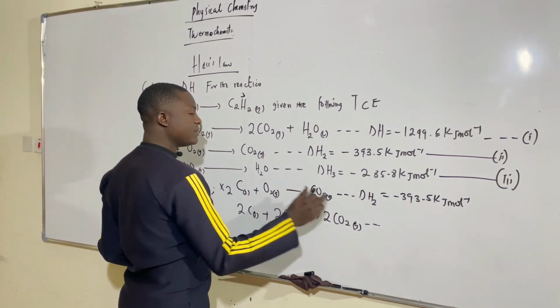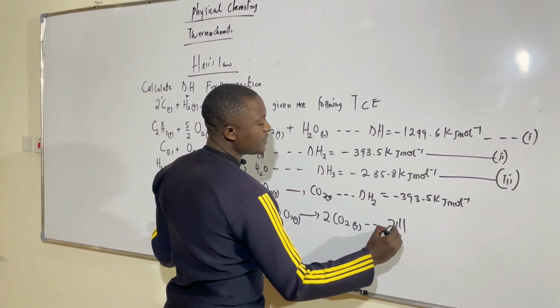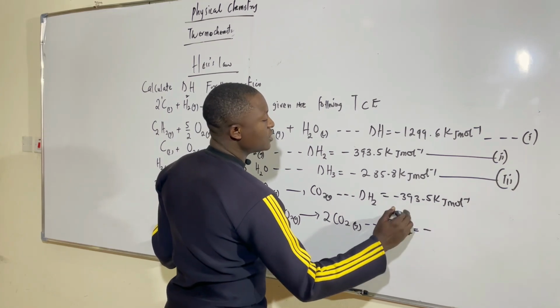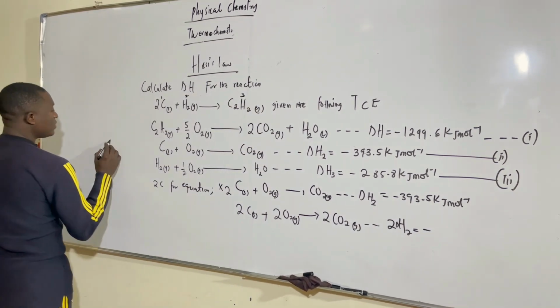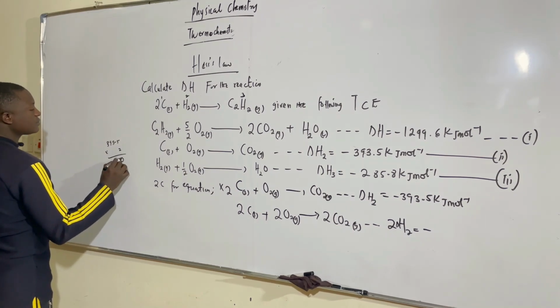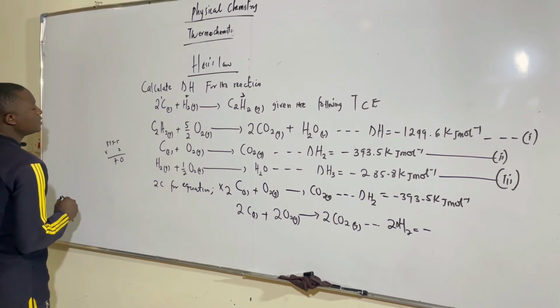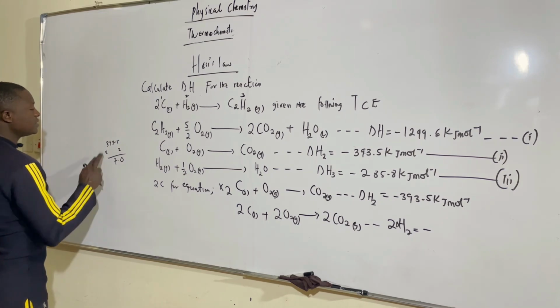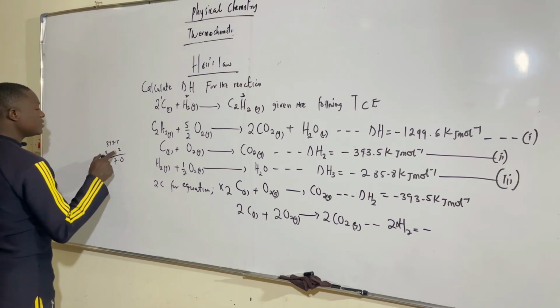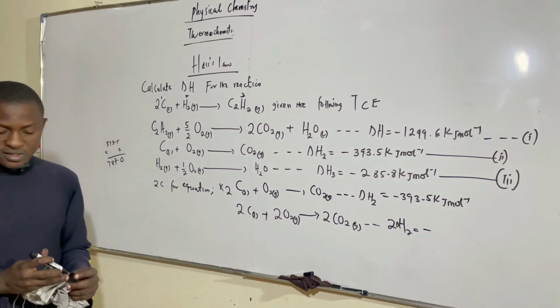Then just like the way we solved earlier, it must affect everything that we have in that equation. So multiply 393.5 by 2, and we get minus 787.